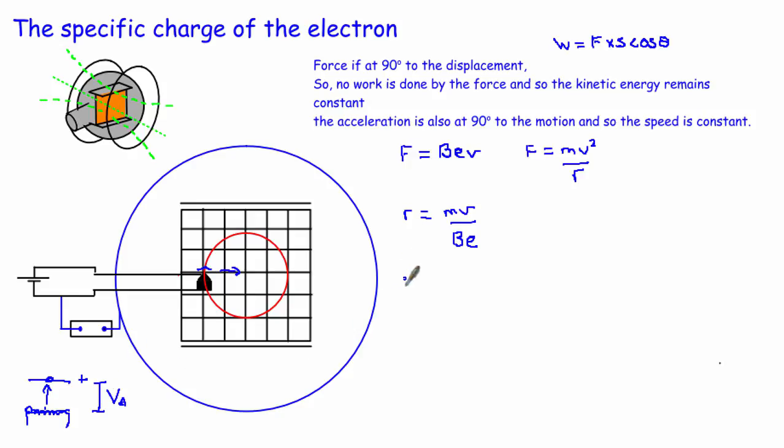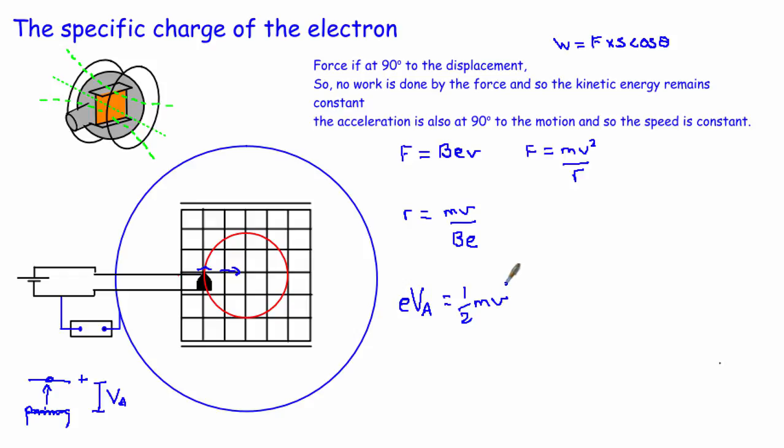We know that these things go at a constant speed around here, so the speed that they come out of or past this anode at is equal to the speed that they go around the circle at. So we can have a relationship. We know that e times the anode potential difference, so that's the work done by the electric field, is equal to the kinetic energy of our electrons, like that.